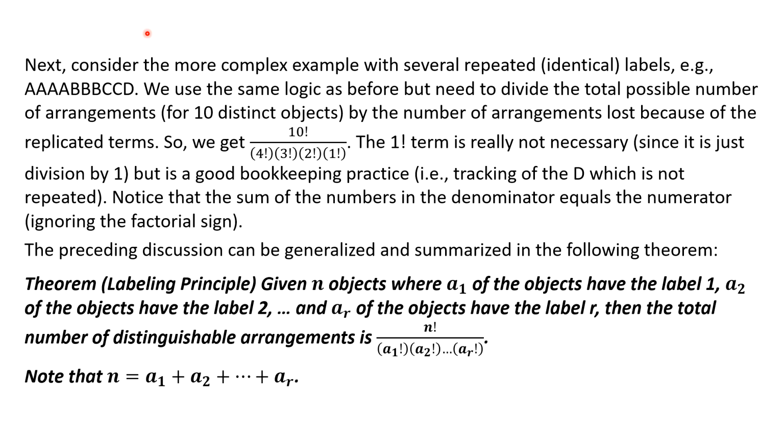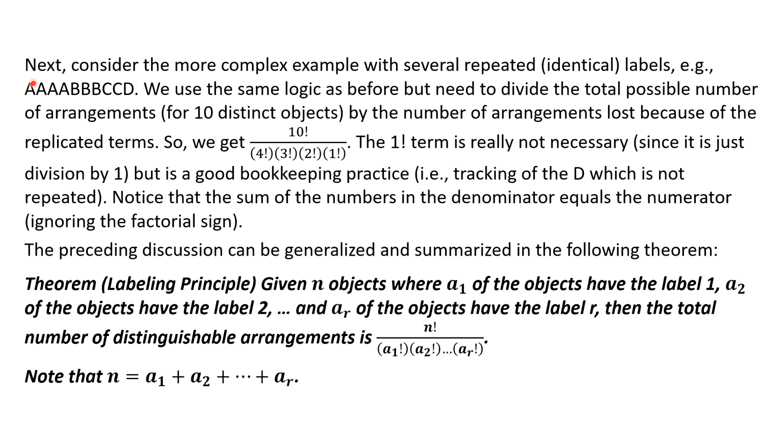Next, consider the more complex example with several repeated labels. So 4 A's, 3 B's, 2 C's, and 1 D. We want to know how many ways of rearranging these objects. We use the same logic as before, but we need to divide the total possible number of arrangements, 10 factorial, there are 10 objects here, by the number of arrangements lost because of the replicated terms.